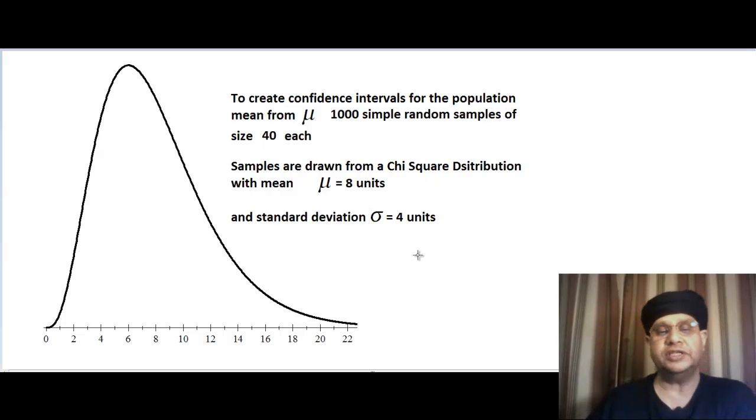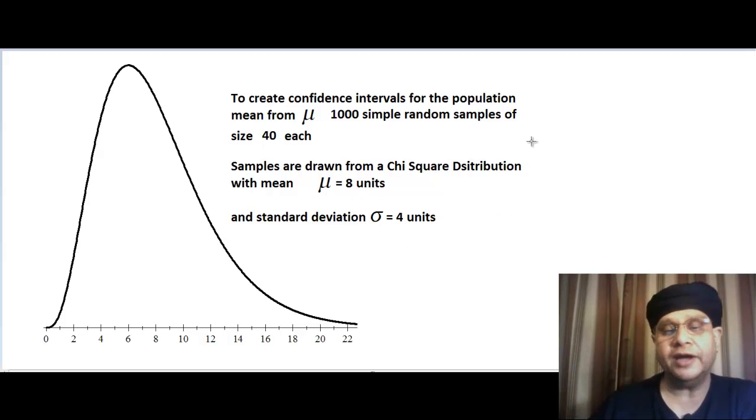I'm just going to use the same one. Here I know the population mean is mu, so when I look at those 1000 intervals, I just want to see how many of them successfully capture this mean of 8 units. So let's go to our simulation.